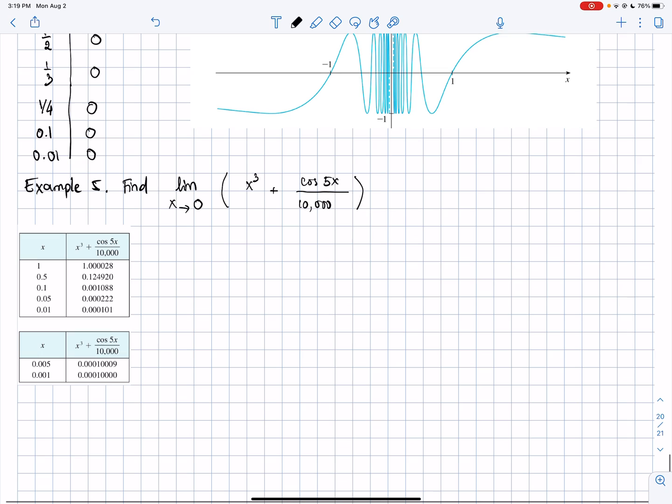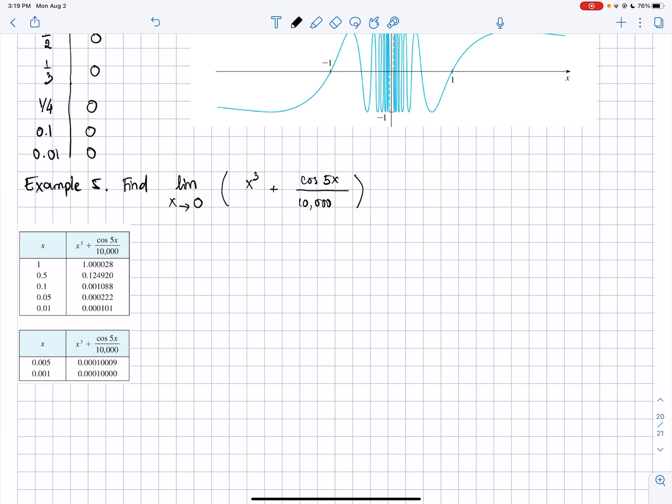Example number 5, we want to find the limit when x approaches 0 of x cubed plus cosine of 5x divided by 10,000. We first use the numbers x from 1 and then 0.5, 0.1, 0.05, 0.01. Then we see that the number is really small and we may think the answer will be 0.